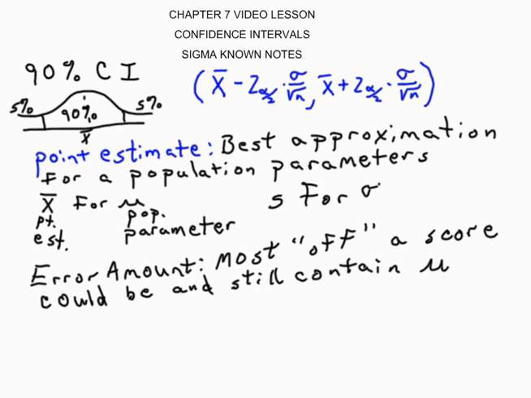From our confidence interval, the most off it could be, the farthest away.